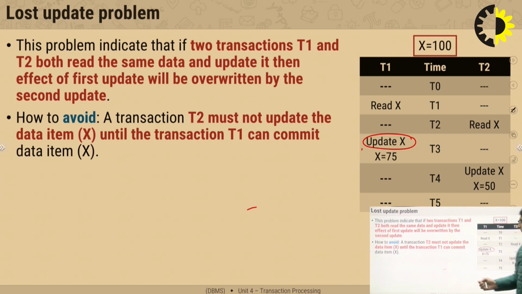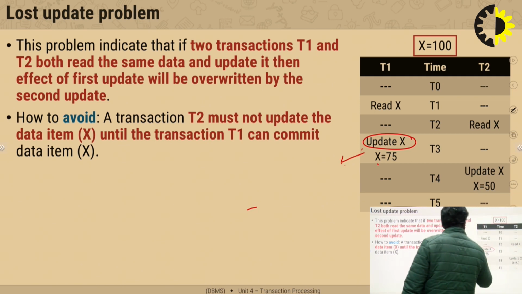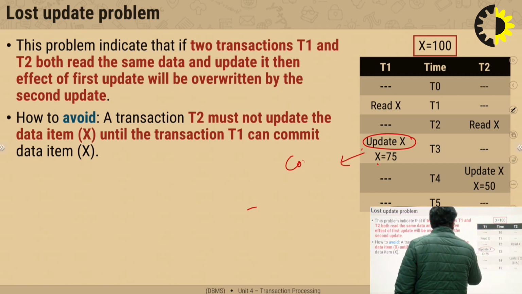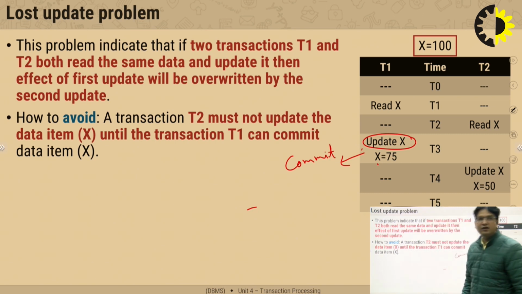That is, first this transaction T1 that is updating the value of this data item X will perform the commit operation, and only then should transaction T2 update this data item X, otherwise the inconsistency problem will occur.